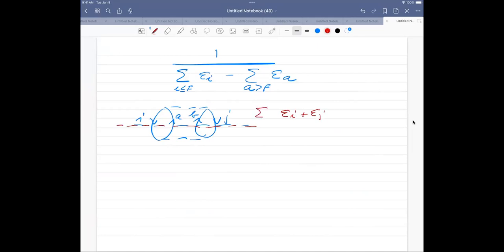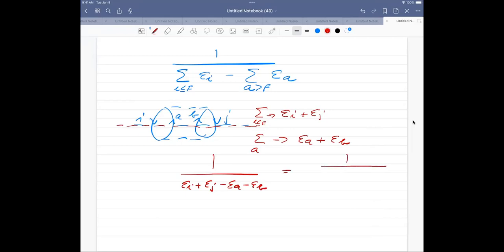So the sum which we had is i less than F. That brings in these 2 states. And then the particle states, they go over to epsilon a plus epsilon b. So that means in this explicit case, we have a sum over epsilon i plus epsilon j minus epsilon a minus epsilon b. And this is nothing but what we wrote as omega 0 minus this omega m.